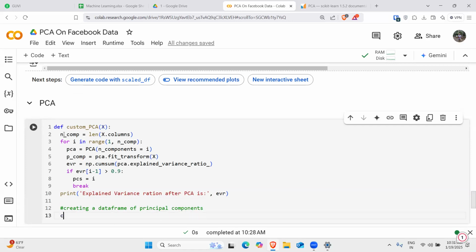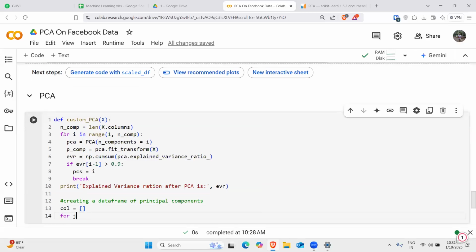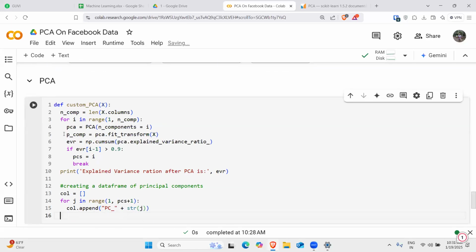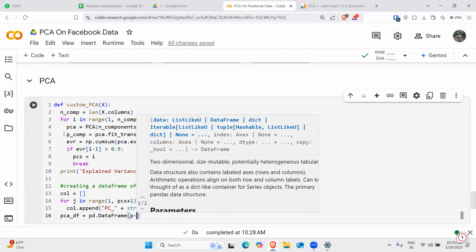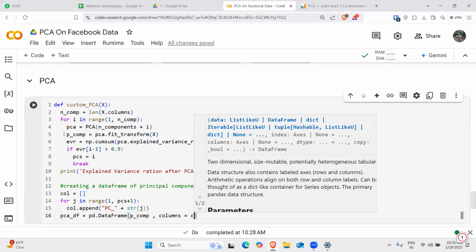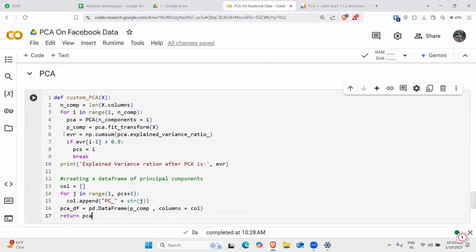What we are doing over here is column = [] (a blank list), for j in range(1, pcs + 1), column.append the string "PC_" plus str(j), and pc_df = pd.DataFrame(p_component, columns=column), and return pc_df.